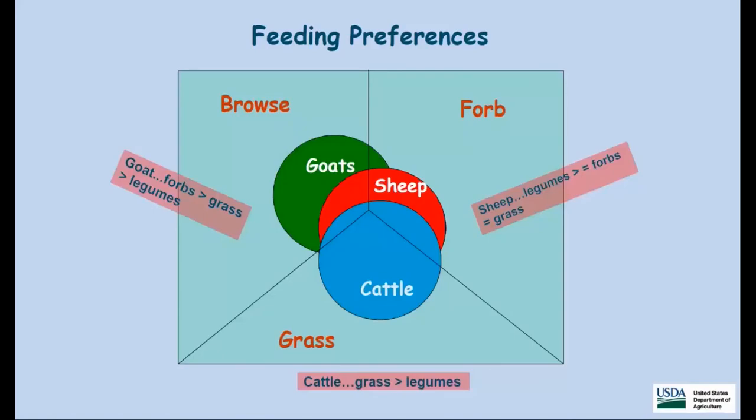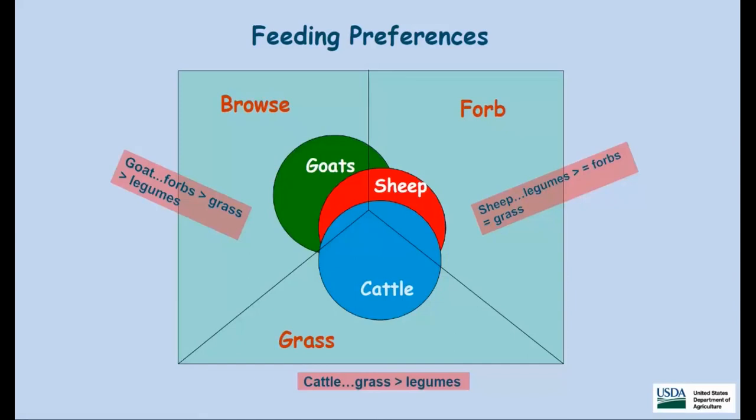So in terms of grazing, there's feeding preferences of different types of animals. Goats, sheep, and cattle will all eat a combination of browse and forbs and grass. Goats prefer the forbs over the grass and legumes. Sheep prefer the legumes and the forbs, legumes more than the forbs and more than grass.